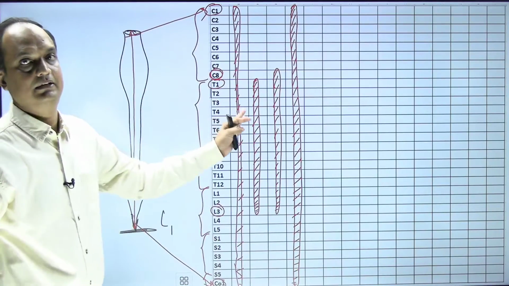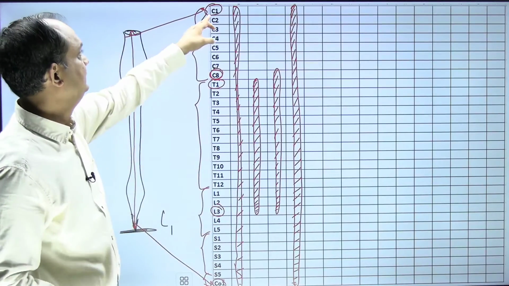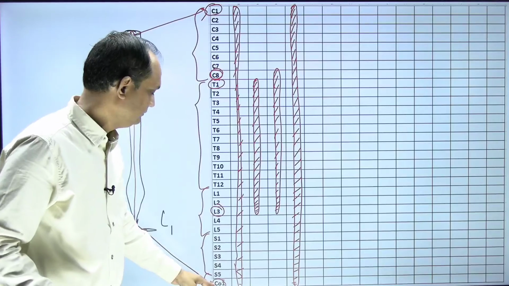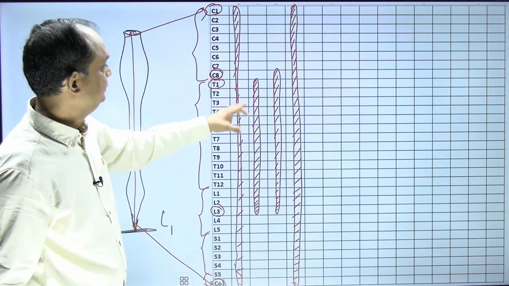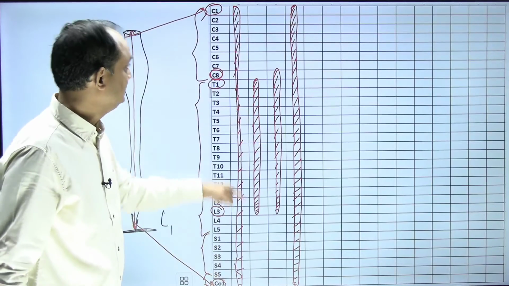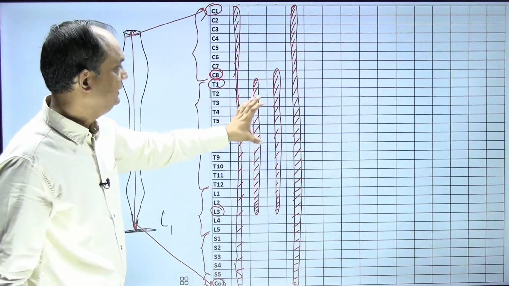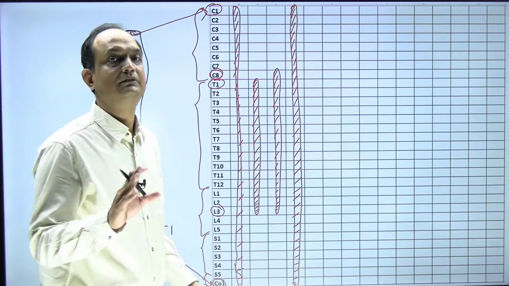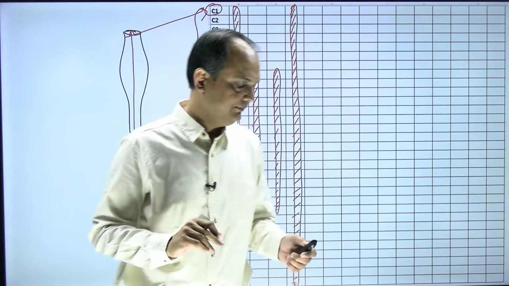So in this way you have to remember that whenever you are having the extension of spinal cord from C1 to coccyx, you have to keep this thing in mind that every nucleus is not having the extension from top to bottom. Some are present only in some specific segments of the gray matter of spinal cord. So I hope it is very clear to you now.